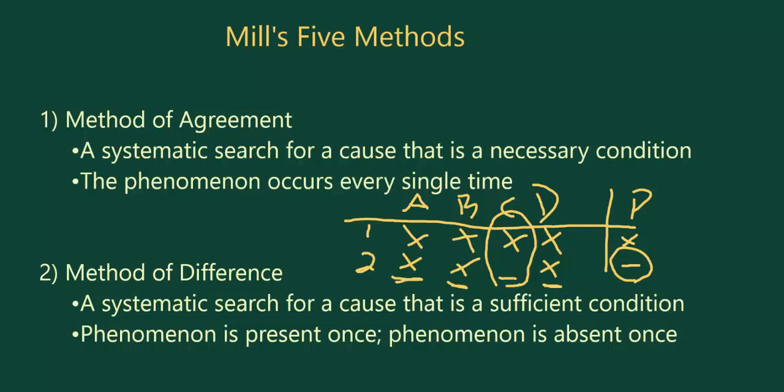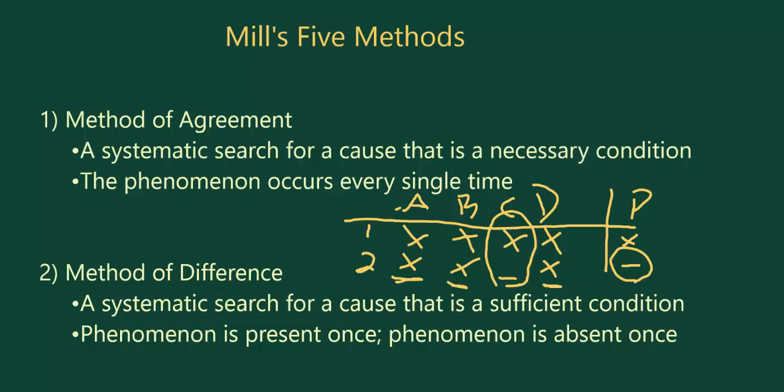It cannot be the case that A suffices or guarantees P, that B suffices or guarantees P, or that D suffices or guarantees P if they occur but P fails to occur, right? They fail to guarantee that P occurs if P doesn't occur when they do.